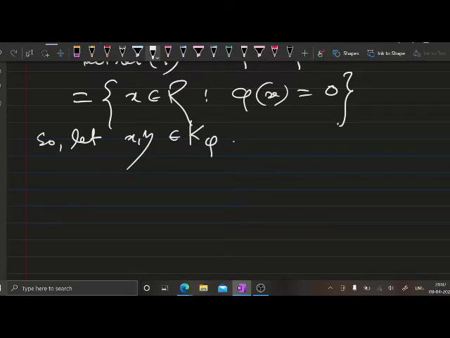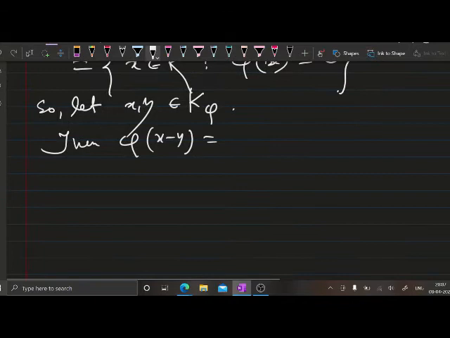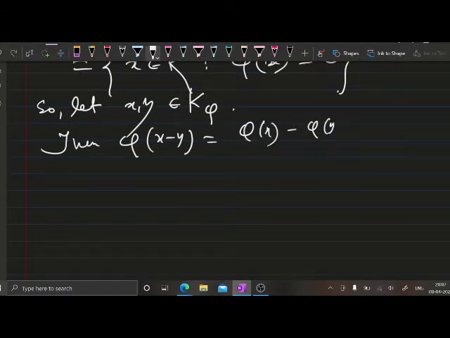Then what would be the image of x minus y? It is phi(x) minus phi(y), but both are 0, and 0 minus 0 is 0.